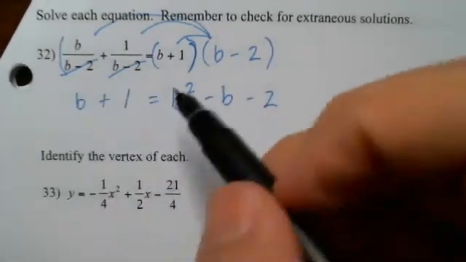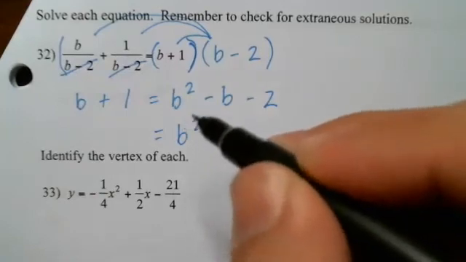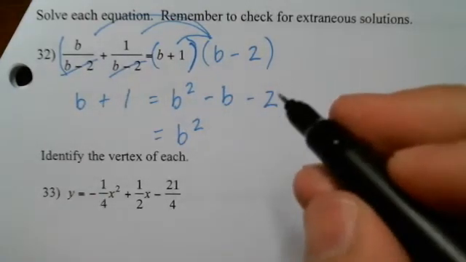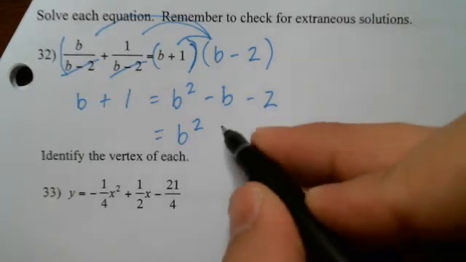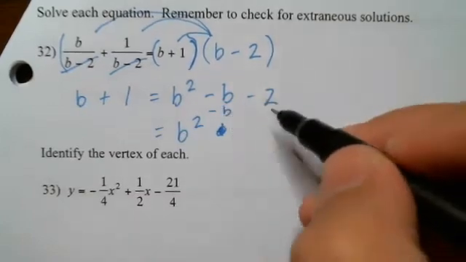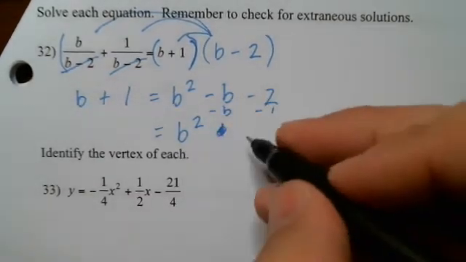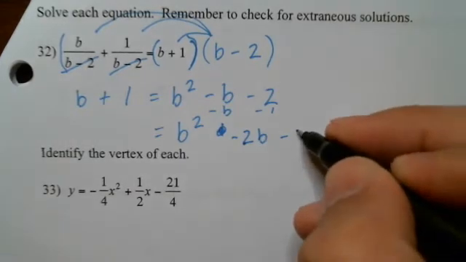Then I would just push these over here and say b squared. What do we have? Just b squared plus 1? Or no, b squared, when I minus that b and minus that 1. B squared minus 2b minus 3.